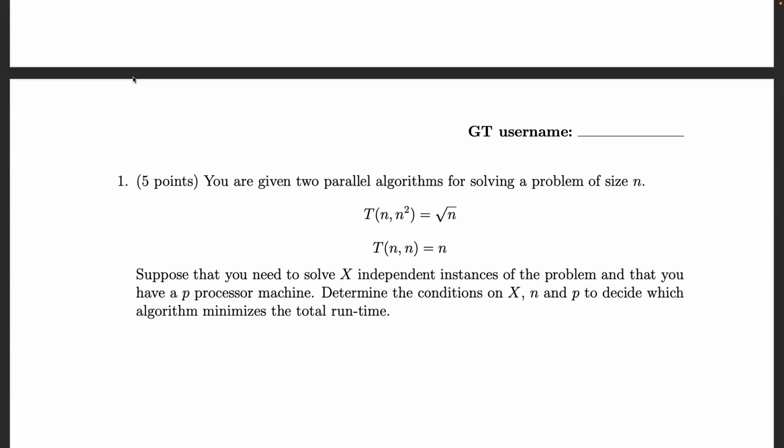For as long as X is less than some inequality using the three variables, the first one would be better, otherwise the second is. Yeah, algorithm one is better when X is something, otherwise algorithm two is better. And for different settings of P, algorithm one is better, otherwise algorithm two is better.